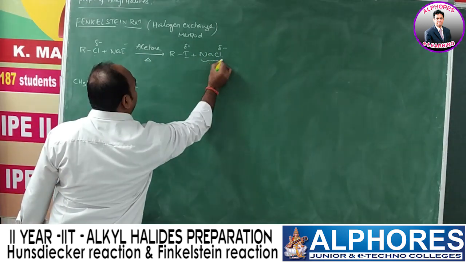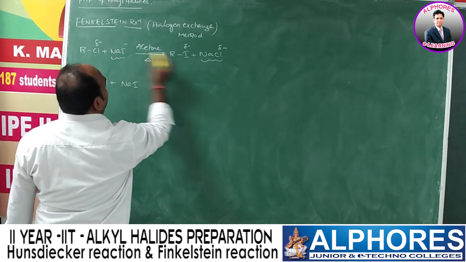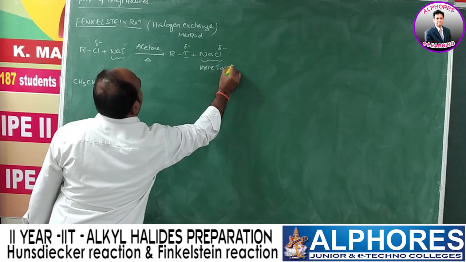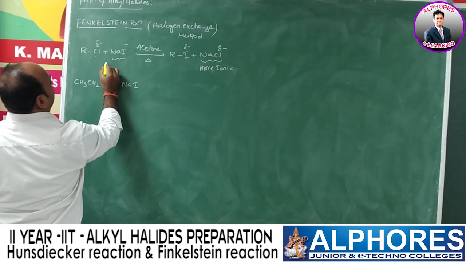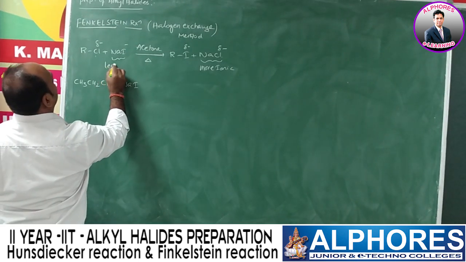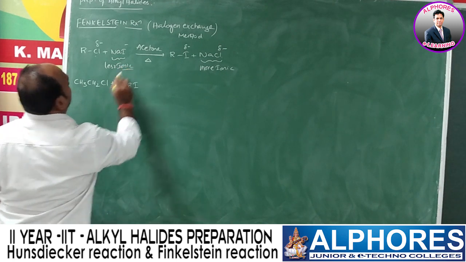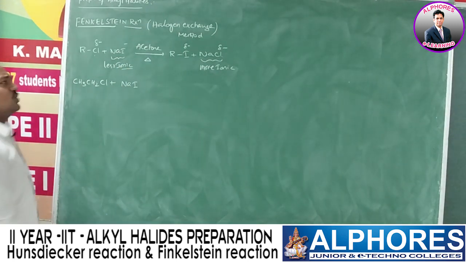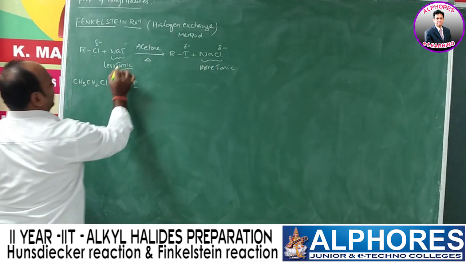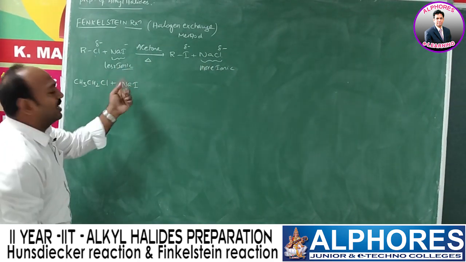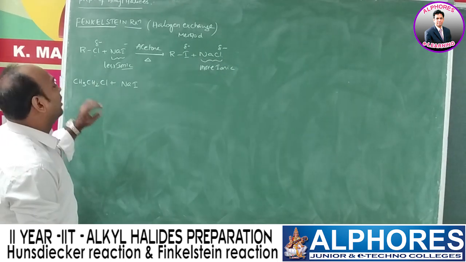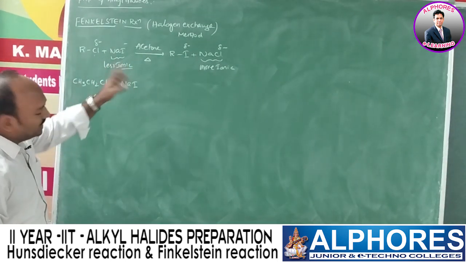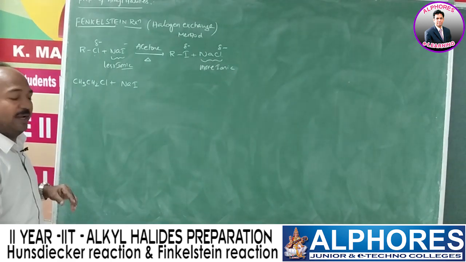That means if you compare the ionic nature of NaCl and NaI, NaCl is more ionic, NaI is less ionic. Less ionic means more covalent. Why do we need to consider ionic nature here? Based upon that only, this halogen exchange reaction takes place and the reverse reaction is not possible. Like that we can explain.